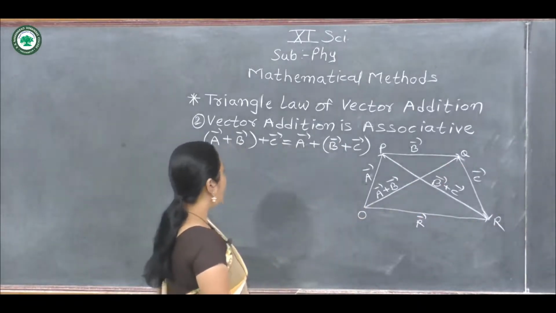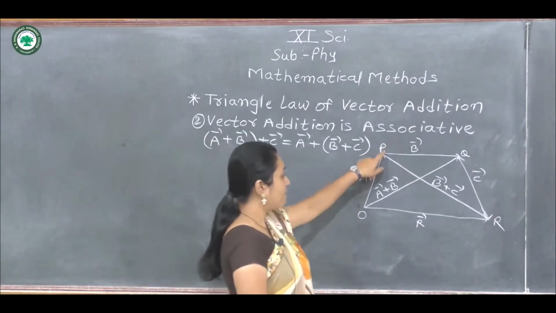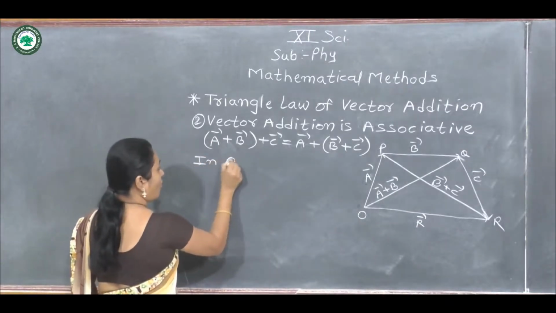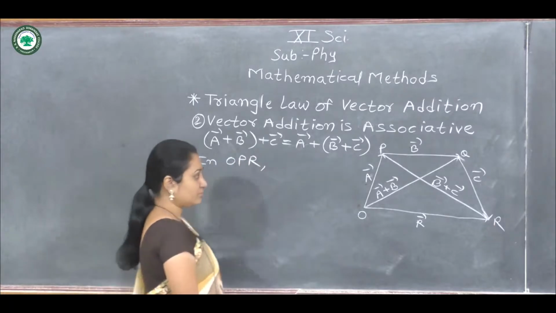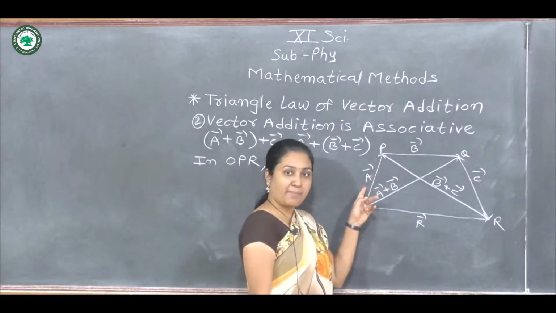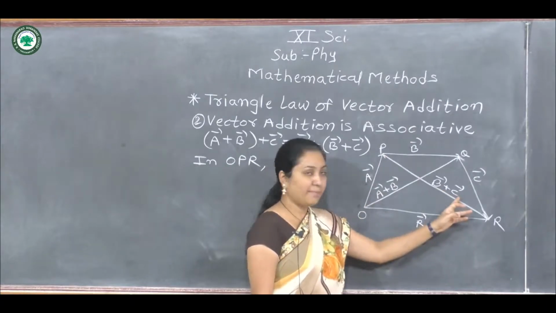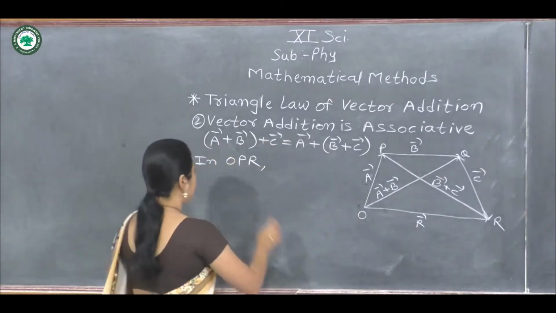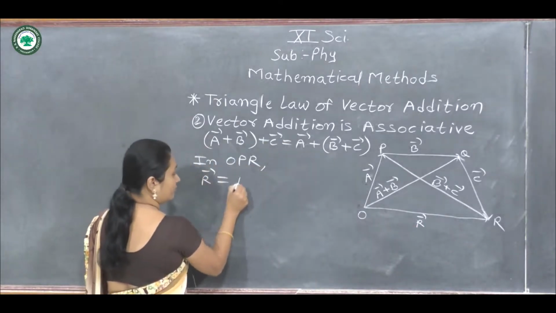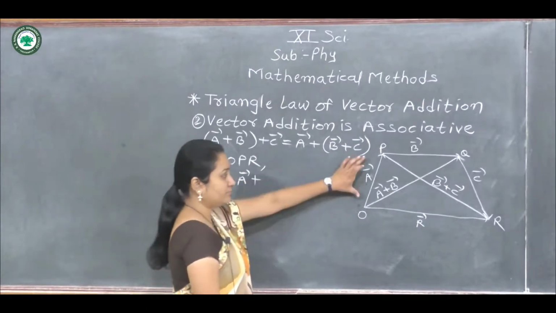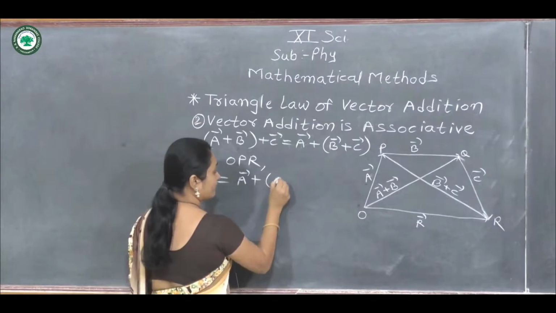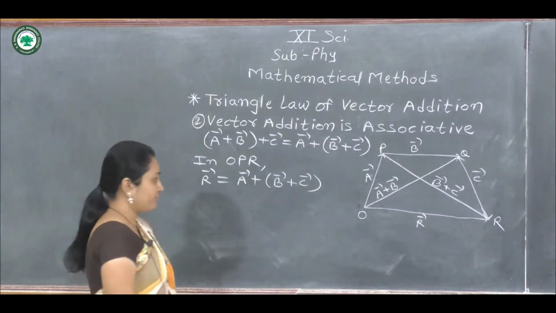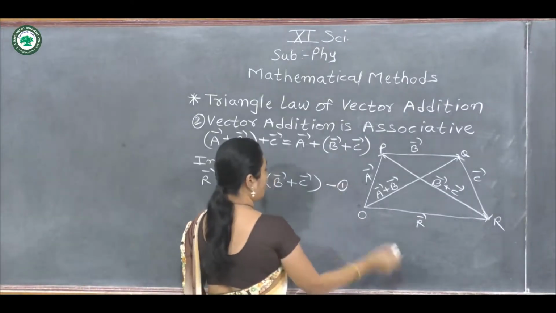For triangle OPR, OP is A bar and PR is B bar plus C bar. So we find the resultant vector, that is R bar, equal to A bar, that is OP, plus B bar plus C bar. So this is equation 1.